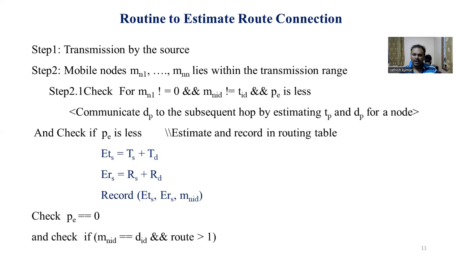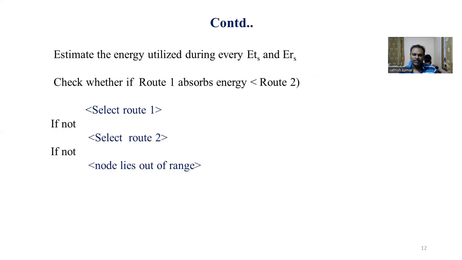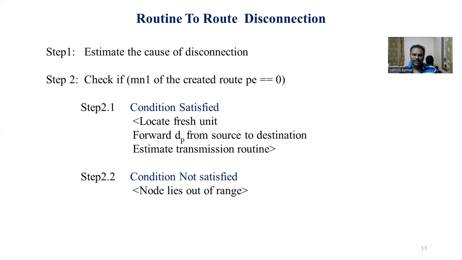Record ESTS, ERS, MNID. Continuing, if not, select route 2; if so, select route 1; otherwise the route node lies out of range. Next is route disconnection. If MN1 is on the created route and P is equal to 0, step 2 applies if the condition is satisfied. If the condition is not right, the node lies out of range.